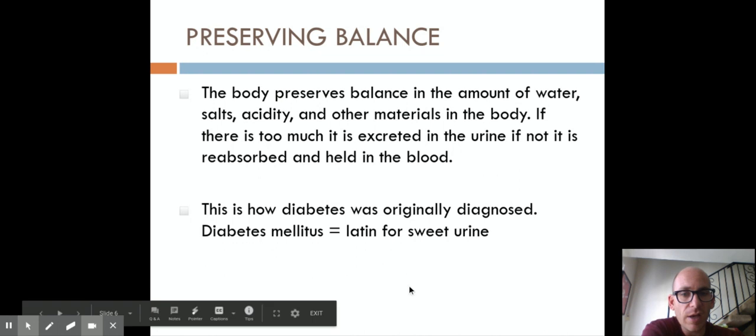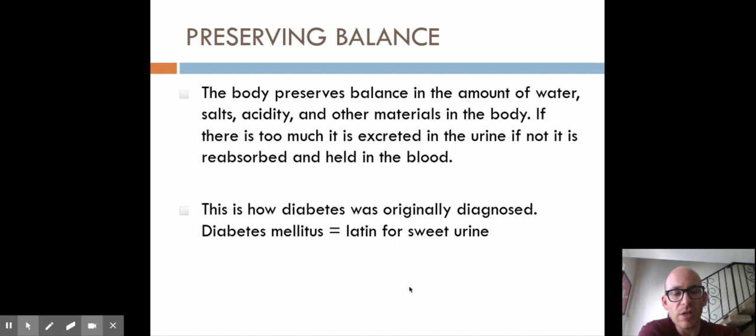And this is how diabetes was initially diagnosed. And when I say initially, this was like in Roman times, a long time ago. So diabetes has been around. Basically, somebody who is diabetic often is going to have uncontrolled sugar, so they're going to have really high sugar levels in their blood. They can also have low, but in this case, they could be really high. If they have lots of sugar, then it all gets pushed into the tubule, and the blood doesn't need to reabsorb it because there's already tons there.